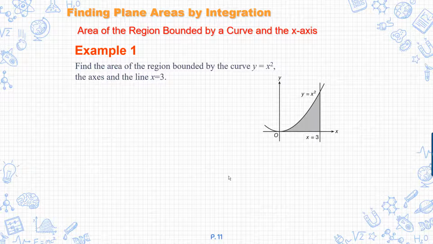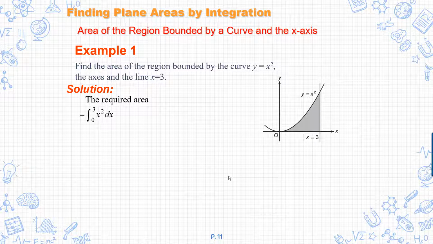Very right. Now you have tried, let us see how exactly we can do it. See, the required area is very simple, as the function is completely lying above the x-axis between this given interval x equals 0 to x equals 3.